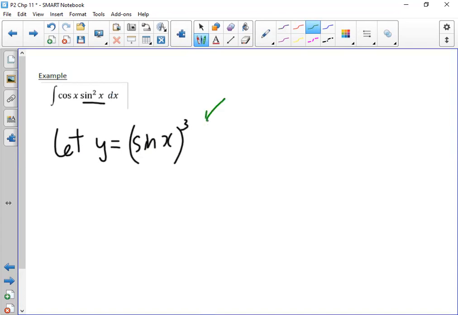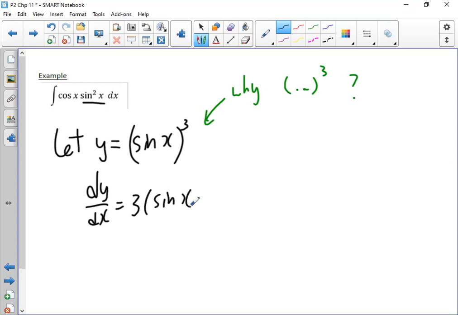Now explain to yourself, y cubed. I want you to write down y cubed, answer that question. Then dy by dx. Differentiate that, it will be 3 sine x squared, differentiate inside, cos x. That will be 3 sine squared x cos x.